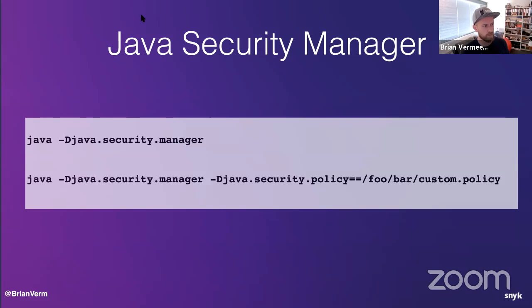Only if you do this, it will probably break everything, because the Java Security Manager policies by default are quite strict. So if you have an application where security needs to be very high, please look at this and look at Java security policies. You can add policies to the default policies, or you can replace the complete policy of the security manager.